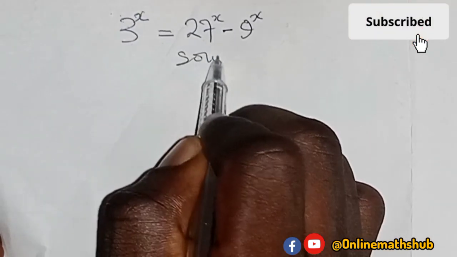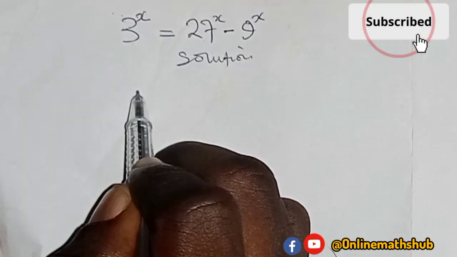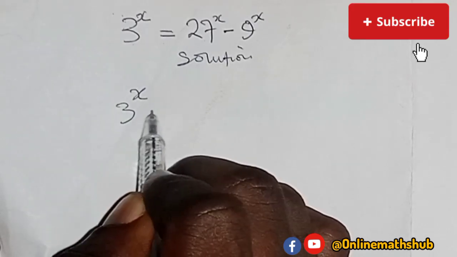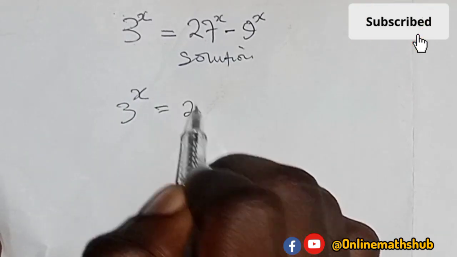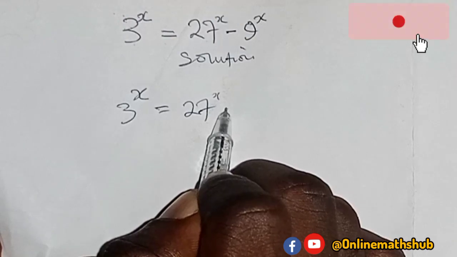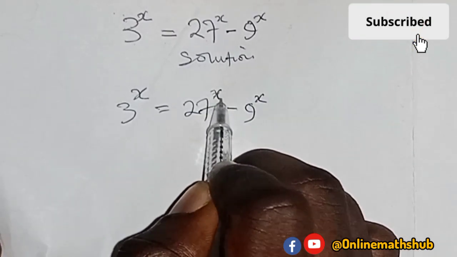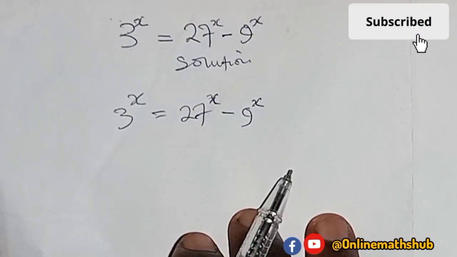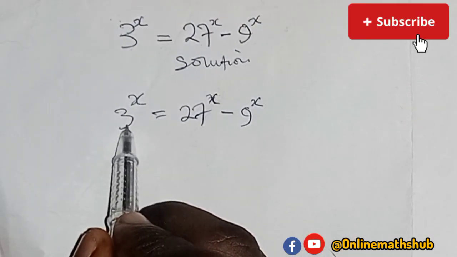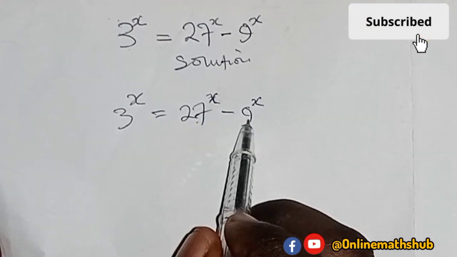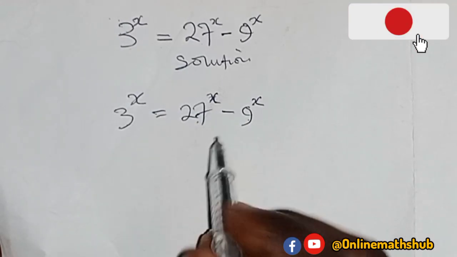Okay, so solution. Let me rewrite my equation. 3 raised to power x is equal to 27 raised to power x, and then minus 9 raised to power x. First let me leave this one as it is, and then I'm going to write this one in power of 3, and I will also write this one in power of 3.